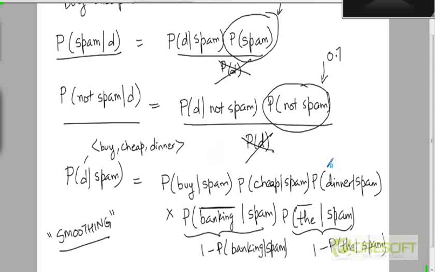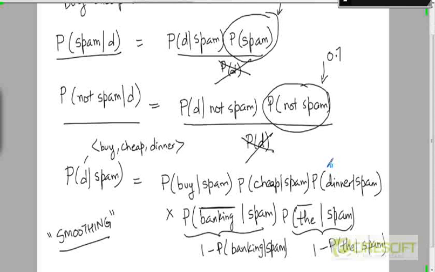So we have to account for the possibility that we have seen only a representative sample of documents from a particular class. We have not exhaustively seen every possible document that can come from that class, right? So it's possible just by chance that in the training data that we were shown, some words did not appear in any of the documents, or some word appeared in every single one of those documents.